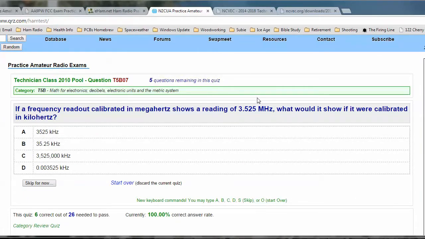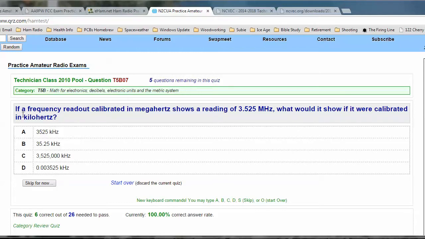If a frequency readout calibrated in megahertz showing a reading of 3.525 megahertz, what would it show if it were calibrated in kilohertz? Well, the difference between kilohertz and megahertz, let's start from the beginning. Of course, hertz are basic units, especially if you've just gone through a divorce. Oh, wait, I didn't really say that, did I?